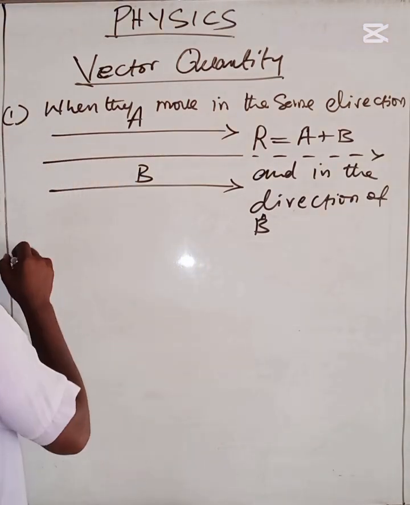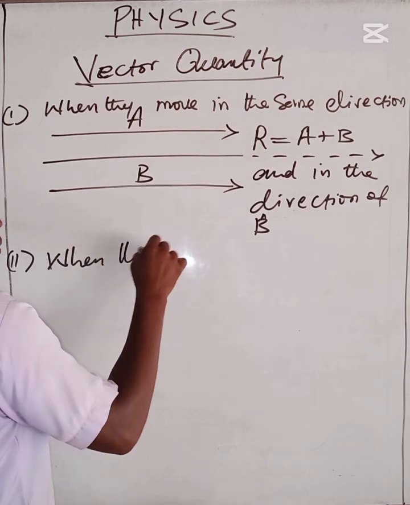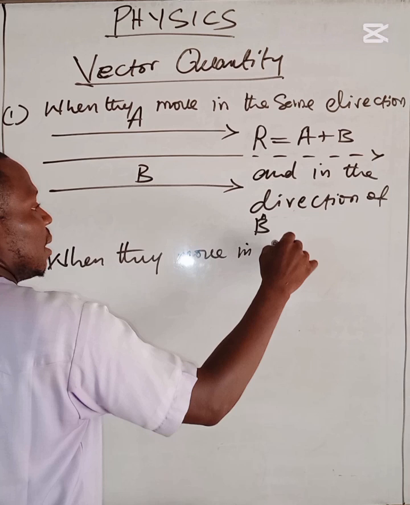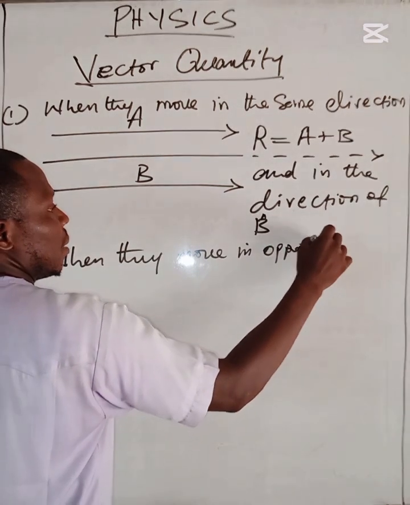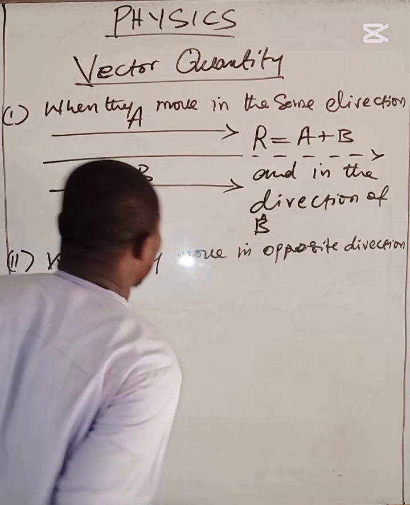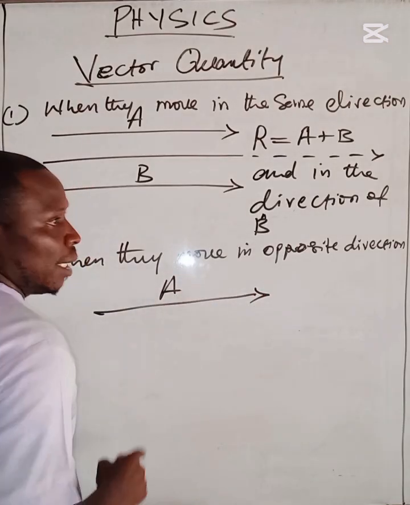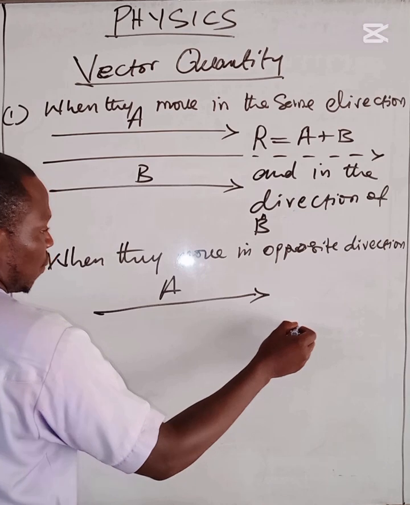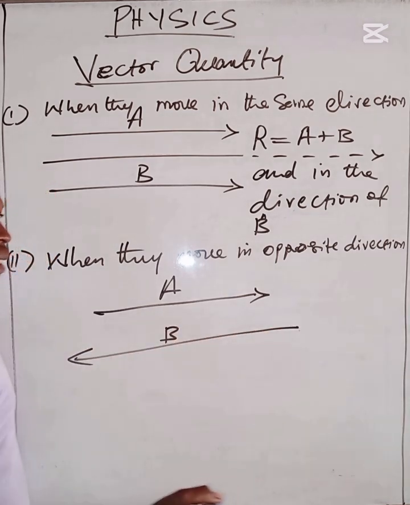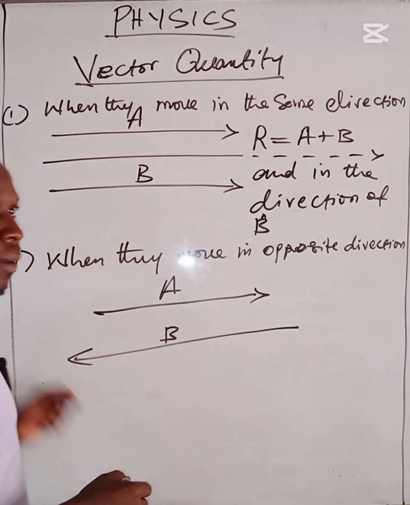So when they move in the opposite direction, let's assume vector A still maintains its direction in the eastward, and then vector B is changing direction westward, in the west direction.